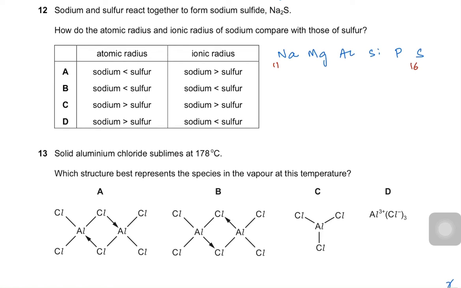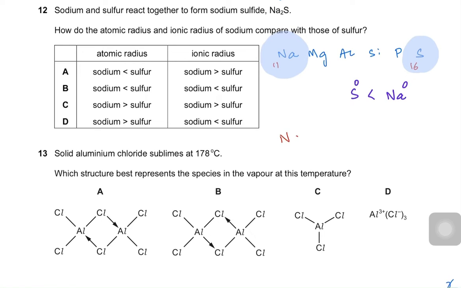Sulfur has 16 protons. Sodium has a much bigger radius because it has fewer protons, less nuclear charge, but sulfur has a smaller atom, smaller radius because sulfur has more protons. So the radius of sulfur is much smaller than sodium. And we are talking about atoms, so no charge.